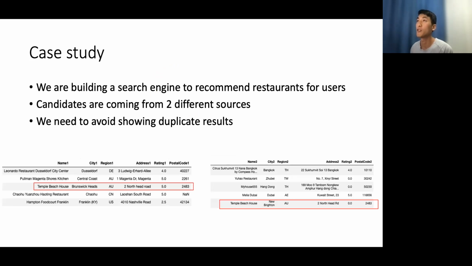So today, let's take a case study to see how we can think about how to formulate a problem into a machine learning problem and how to tackle that from scratch.